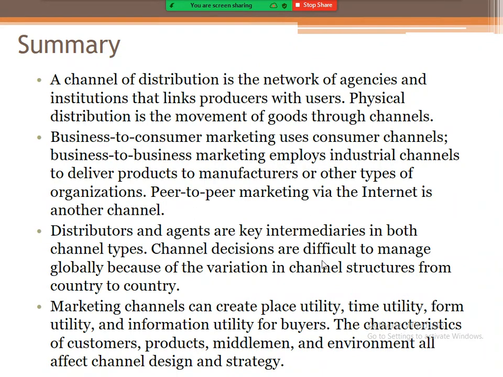Then channel decisions are difficult to manage globally because of the variations in the channel structures from country to country. Marketing channels can create place utility, time utility, form utility, and information utility for buyers. The characteristics of customers, products, middlemen, and environment all affect the channel design and strategy.